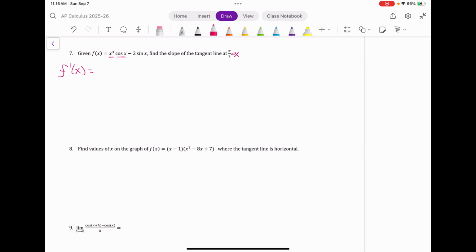The derivative of x cubed is 3x squared times cosine x, plus x cubed times the derivative of cosine, which is negative sine x. And then minus 2 sine x, we want to take the derivative of. So minus 2 cosine x is the derivative of that.